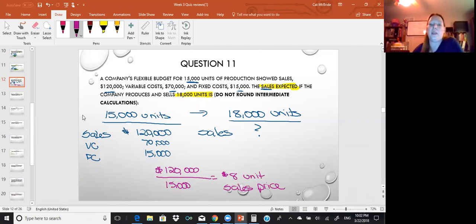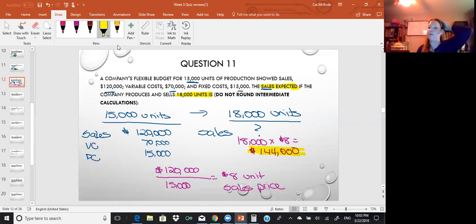So all I'm going to do here is take 18,000 units times $8 equals 144,000. That's all I have to do. I just have to figure out how much my sales dollars are per unit.